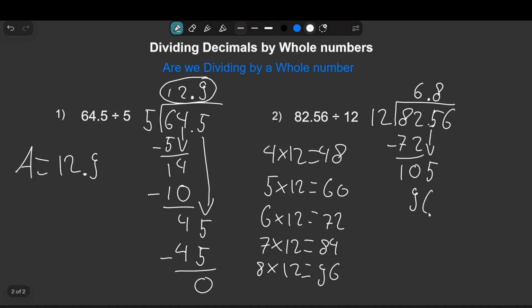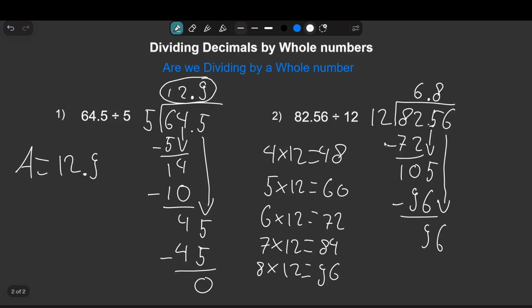So now we have to subtract again. As you guys can probably see, we are just repeating the same process over and over again till we are at the last number. So we have 105 minus 96. This will equal 9. Now, again, we bring down the last digit, which gives us 96.